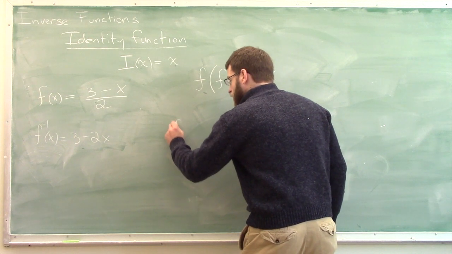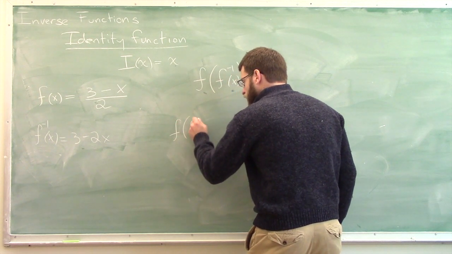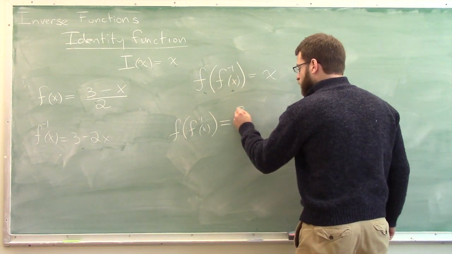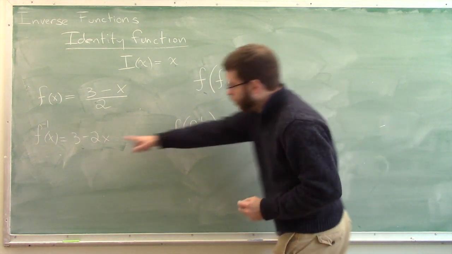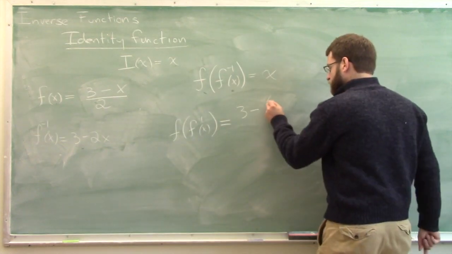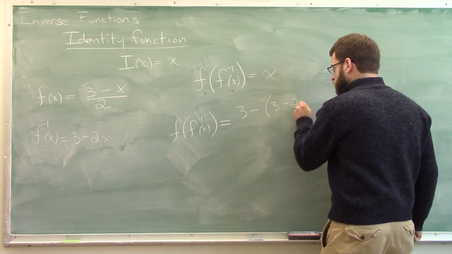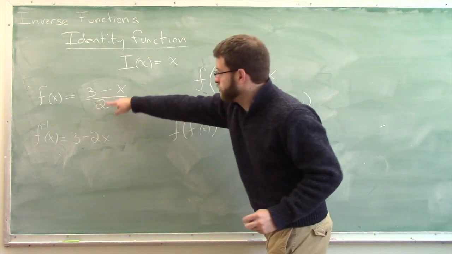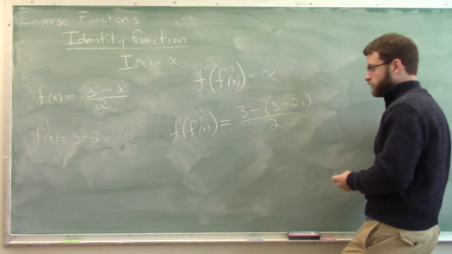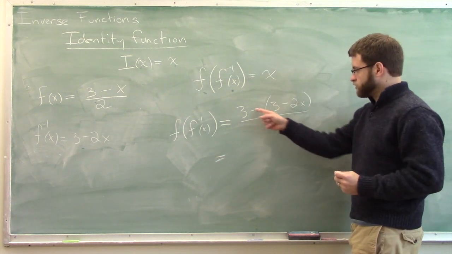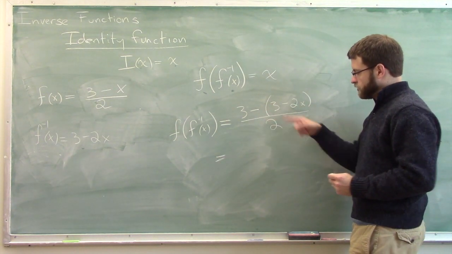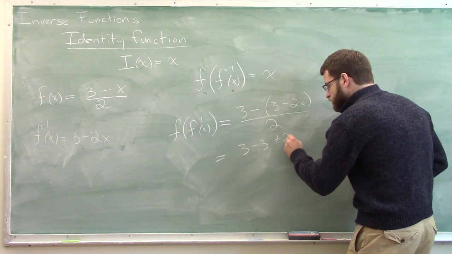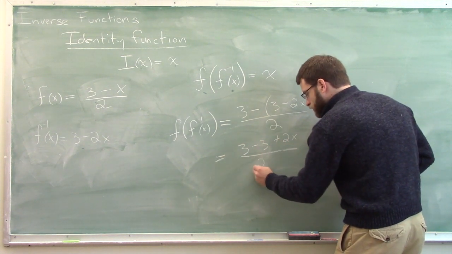So we get f of f inverse should be equal to 3 minus the whole formula for f inverse, 3 minus 2x. And then this is all divided by 2 because f is all divided by 2. Now, if I distribute the negative sign, I get (3 minus 3 plus 2x) over 2.